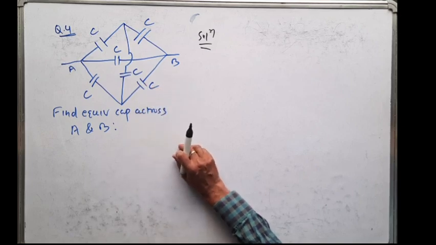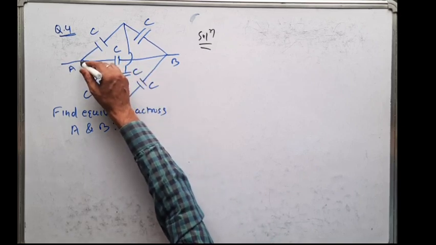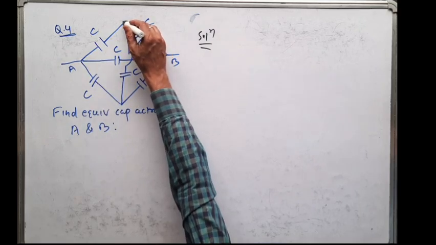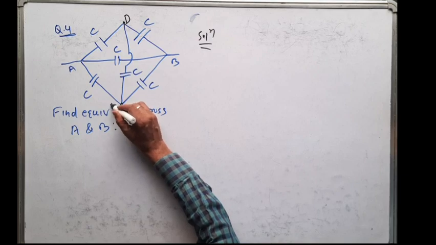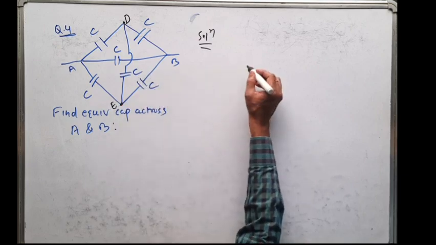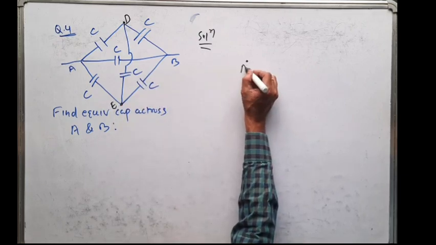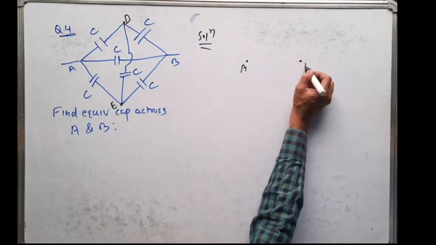We will just rearrange the circuit to make it easy. How? Let us say this is the point D, this point is E. This is your A point, this is your B point.